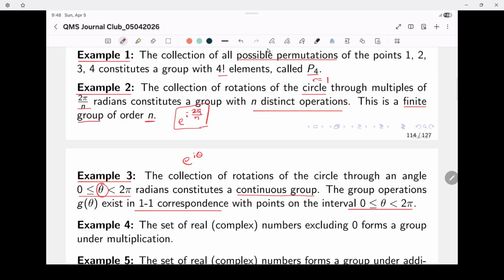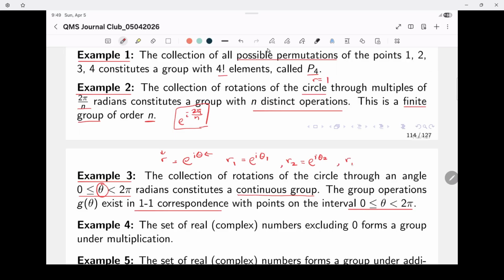But basically what it means is that if this is your rotation e to the i theta, then your rotation is correlated to your theta. If you notice, let's say you have an R1 element and an R2 element.